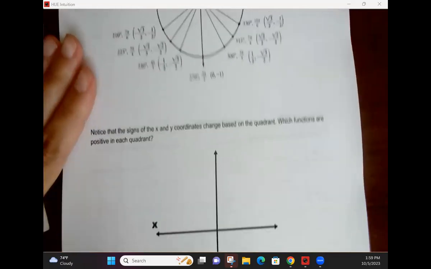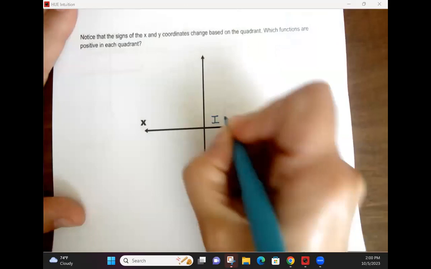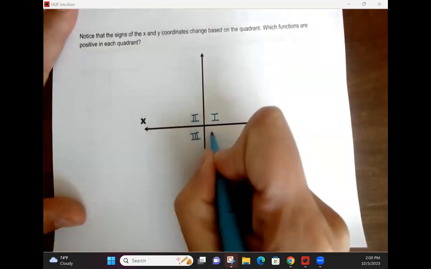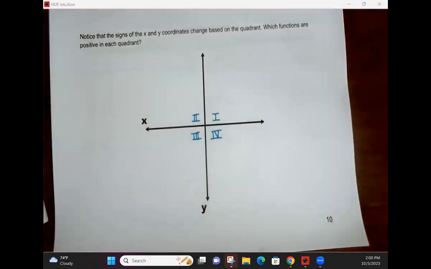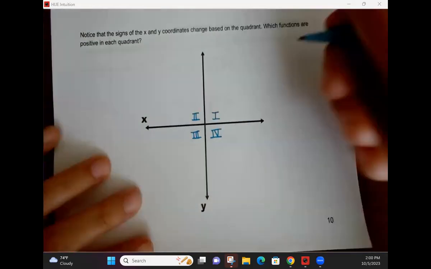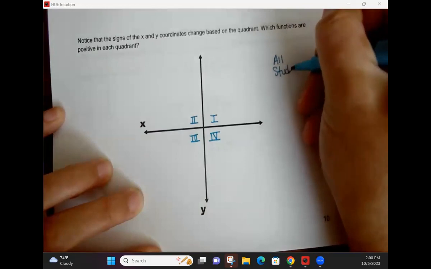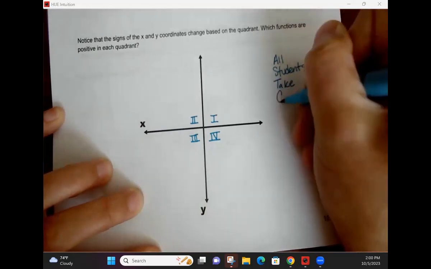There's a little mnemonic device that you can use to help you remember if I'm in quadrant 1, quadrant 2, quadrant 3, or quadrant 4. When I evaluate sine or cosine or tangent or secant or cosecant, what can I expect? Will it be positive? Will it be negative? That little mnemonic device is All Students Take Calculus.